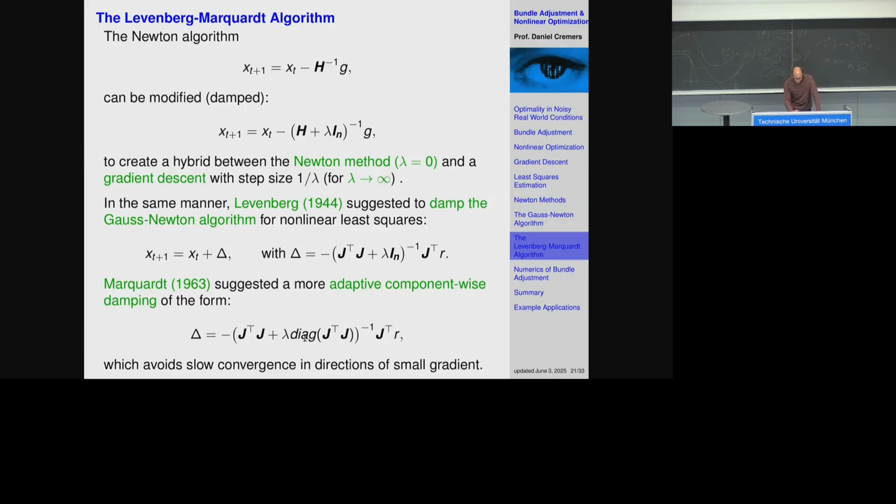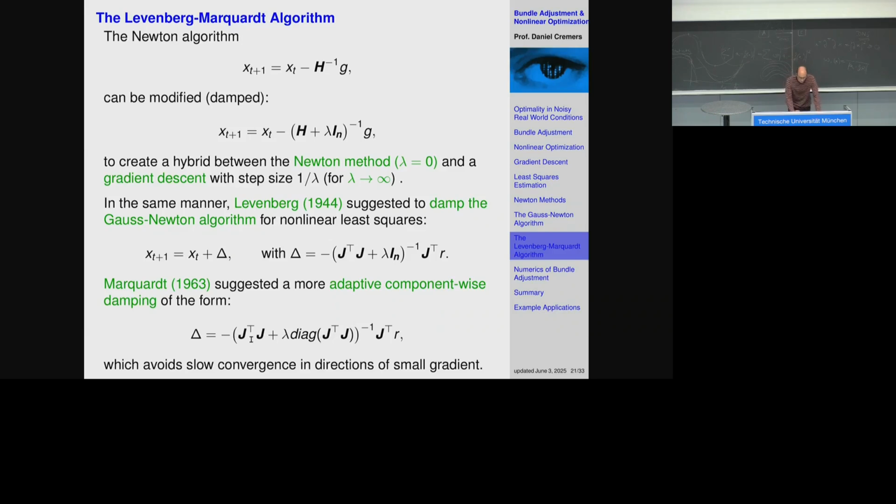And so rather than adding lambda times the identity, you add lambda times a diagonal matrix that on the diagonal has J transpose J. So you take your Hessian approximation, you take the diagonal elements, and you do something that is kind of more adaptive.